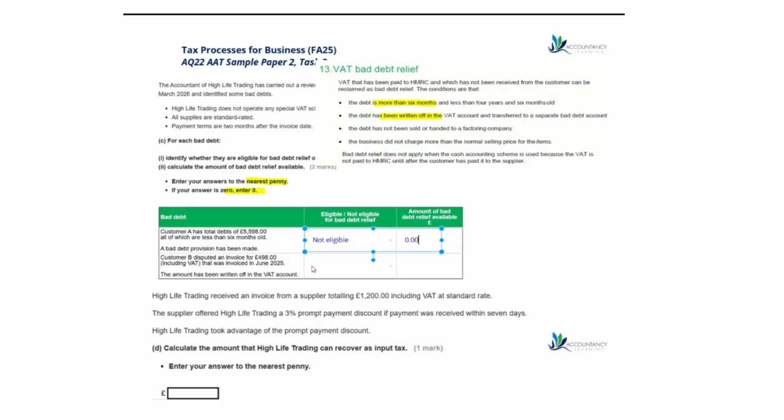Now, customer B disputed an invoice for 498, including VAT, that was invoiced in June 2025, and we're told it has been written off. So this time, it is more than 6 months old because we're in March 2026 and this is from June 25. And it has been written off in the VAT account as well.